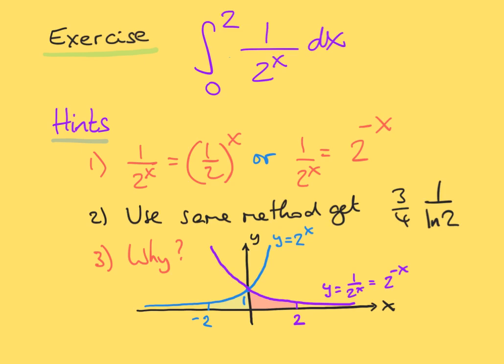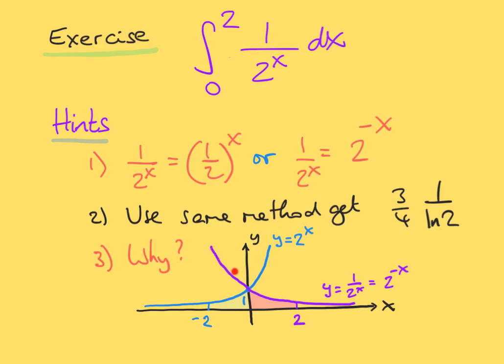Why do we get the same result? Well, let's think about the graphs. In the previous exercise, we were integrating y is 2 to the x from minus 2 to 0, and that corresponds to this area here, because the integrand is positive. In this exercise, we are integrating 2 to the minus x from x is 0 to x is 2.